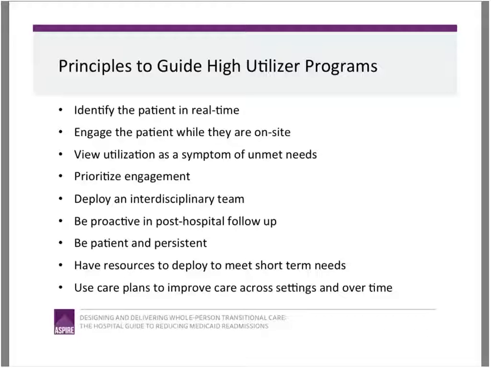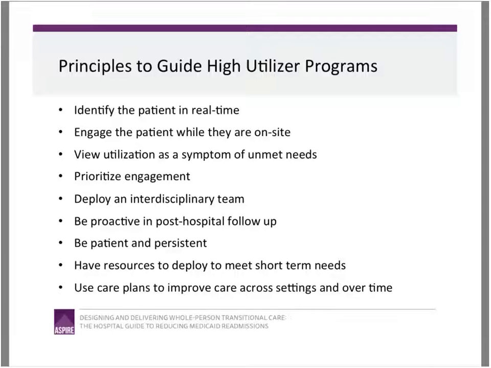We encourage teams to view high utilization of the hospital as a symptom of unmet needs. So the very fact that they have been hospitalized so frequently should become a marker for us that there is a root cause or a set of unmet needs that we have not seen or not adequately addressed yet.